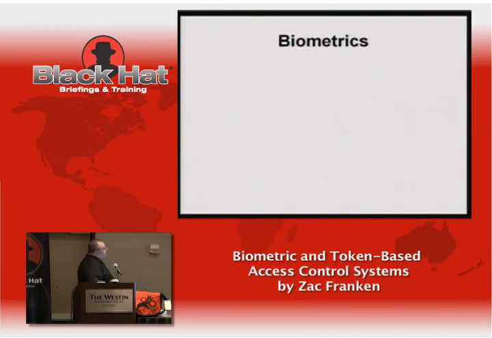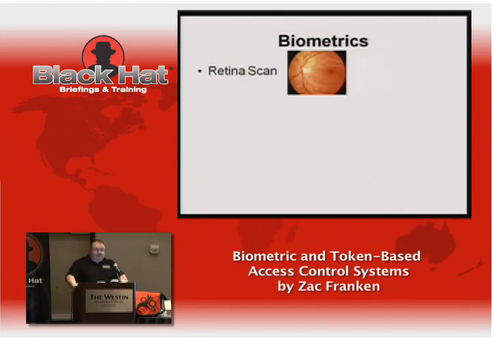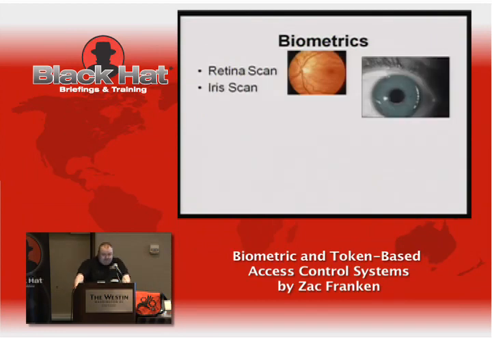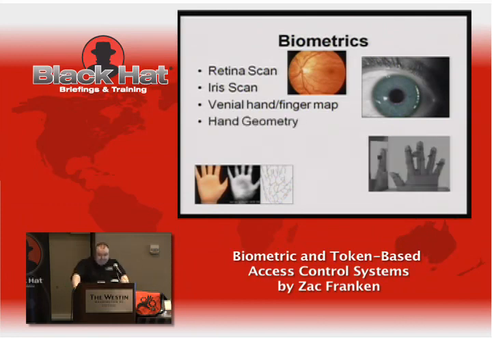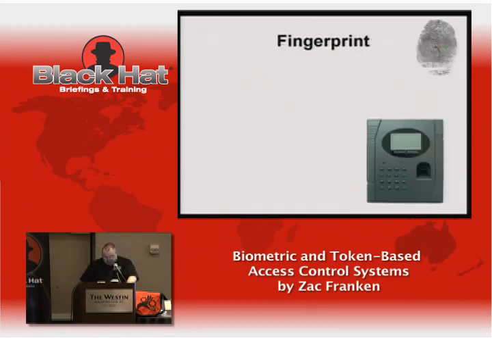So I'm going to take a quick swing through biometrics. We've got the retina scan, my favorite. Iris scans, which are becoming very popular with governments these days. A new one, which is the vein hand or finger map, and geometry scanners, and the good old fingerprint.